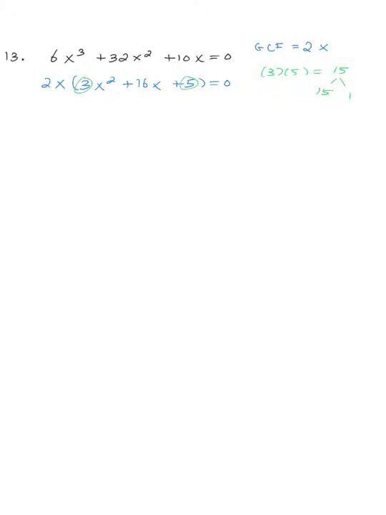So that is, let's see, if we just look at 3x squared plus 16x plus 5, I can replace 16x with 15x plus x. Removing the greatest common factor from my first and last two terms gives me 3x times x plus 5 plus 1 times x plus 5.